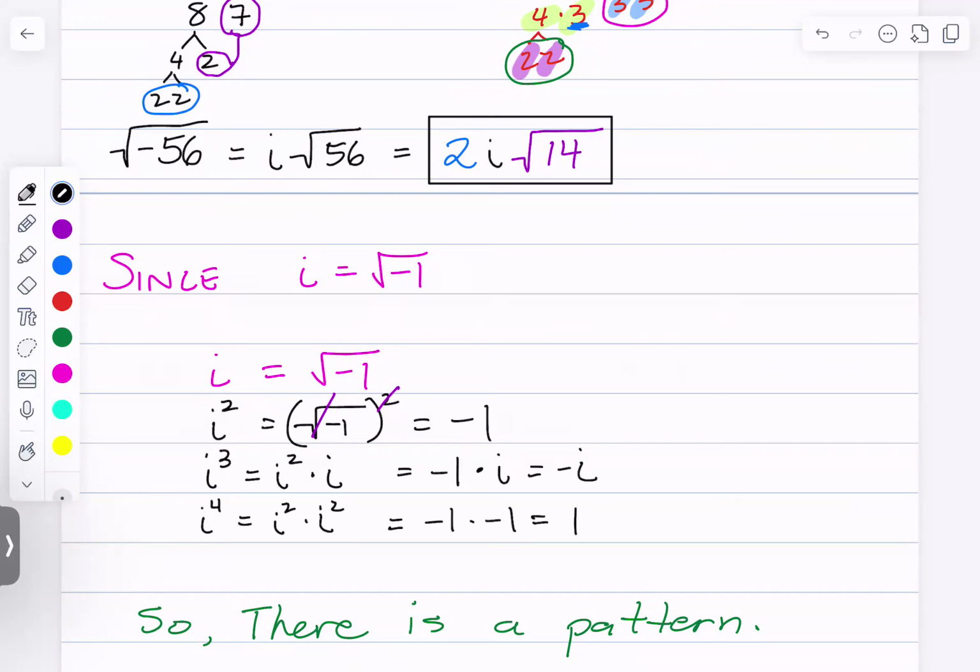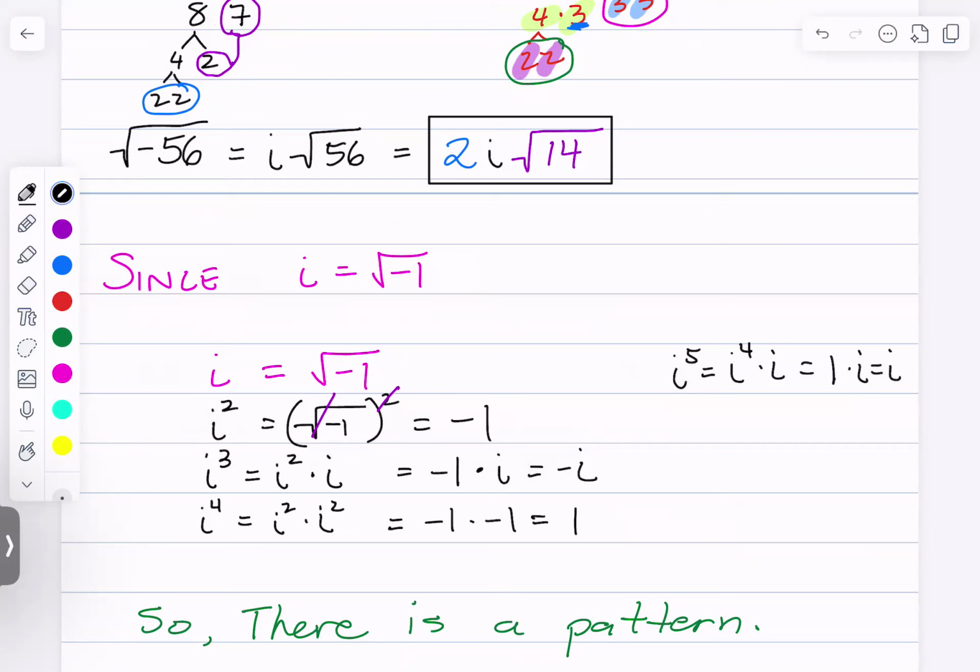I want to do one more. i to the fifth is the same thing as i to the fourth times i to the first. Remember we add the powers? So 4 plus 1 is 5, so I can rewrite it like that. i to the fourth is 1 times i, which is just i.